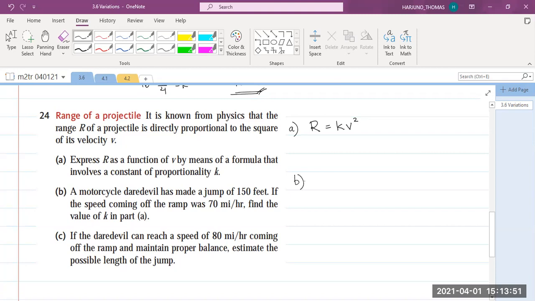A motorcycle daredevil has made a jump of 150 feet. So that 150 feet is the R. And if the speed coming off the ramp is 70 miles per hour, find the value of k in part A. So I plug that in. 150 equals k times 70 squared.